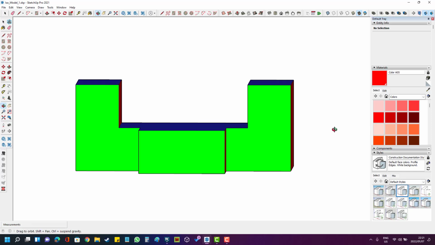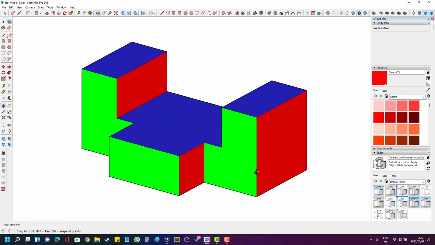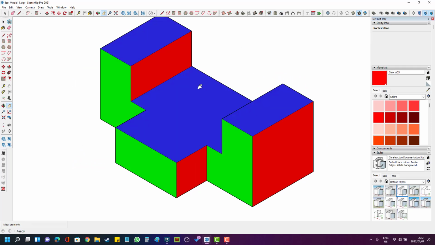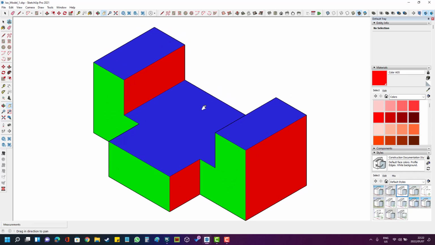If we swivel it back and angle it again at 30 degrees, we again see, from left to right, our front view, which is the green colored parts, as our front view in 3D isometric.